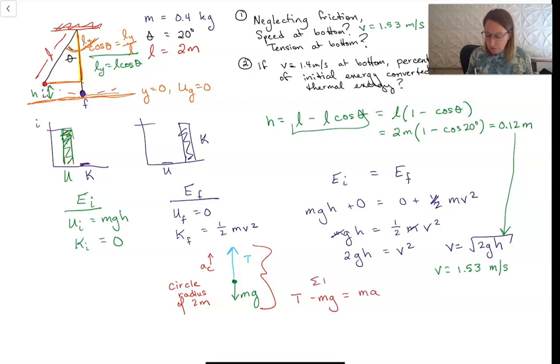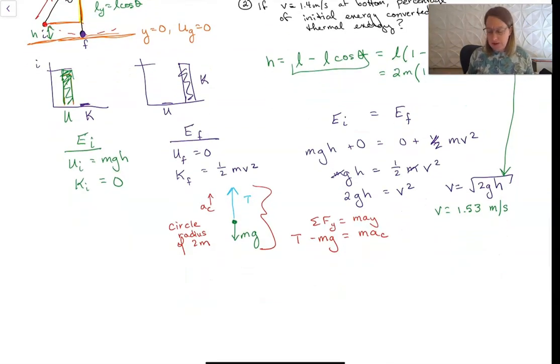So now I've reverted to forces in the y direction equals mass times acceleration in the y, but this acceleration in this case is centripetal acceleration. And so in place of that, I'm going to put my v squared over my radius, which would be 2 meters. And my tension, I add mg to both sides.